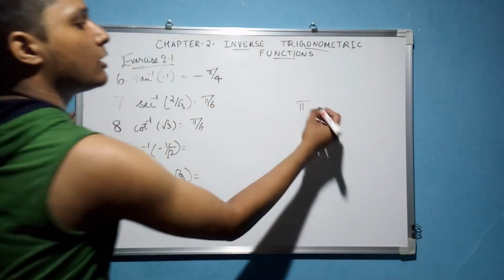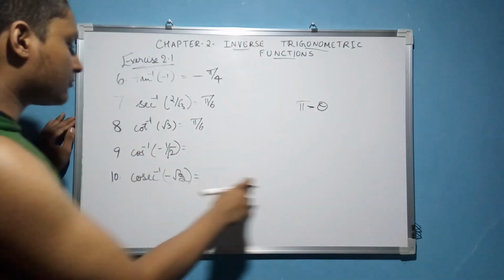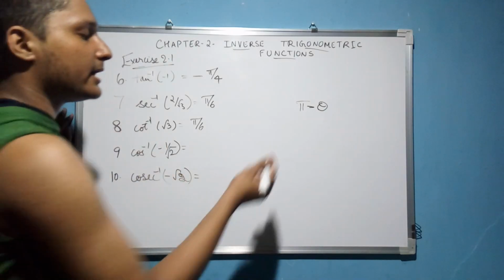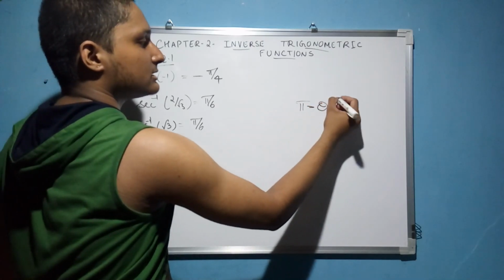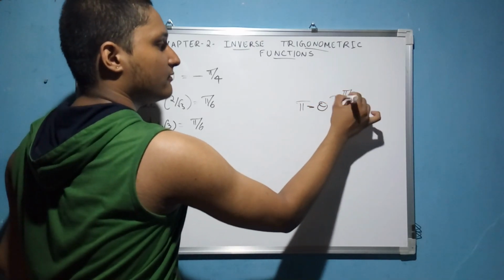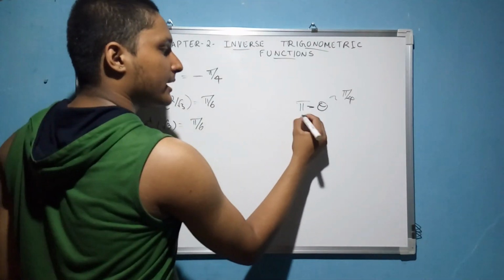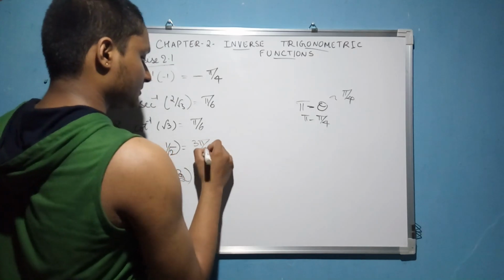For the second quadrant, always you need to take the angle pi minus theta. Theta is an angle for which the cos of that function is 1 by root 2. Theta for such a case comes to be pi by 4 when it is 1 by root 2, right? So now you get pi minus pi by 4, that is 3 pi by 4.